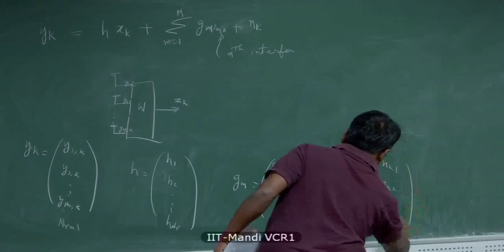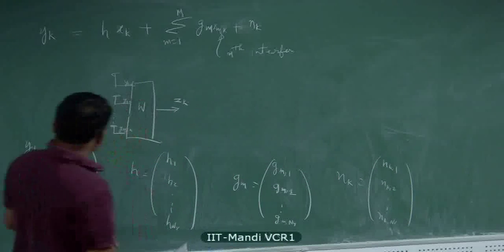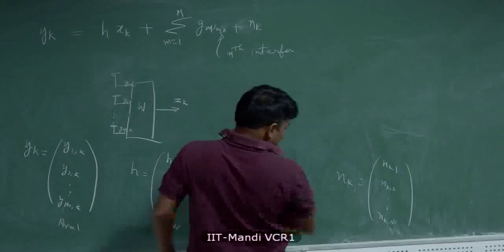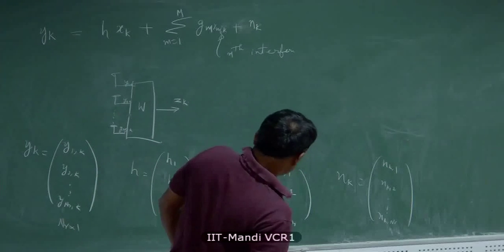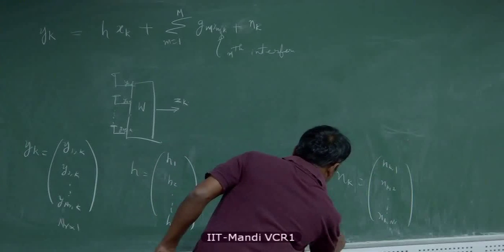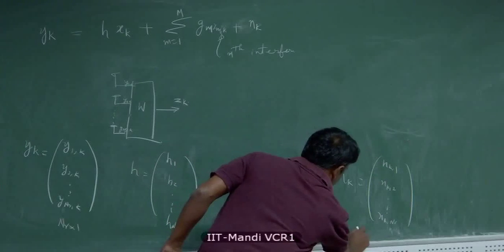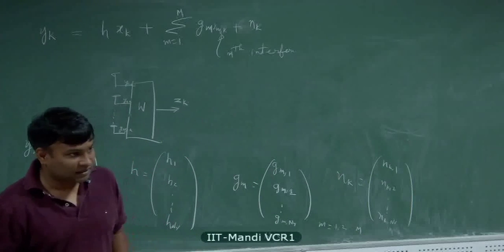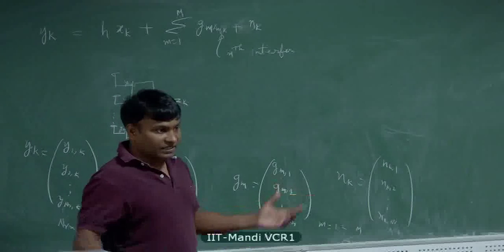Okay, so if you look at any one signal Y1K, let's write it more explicitly. This capital M depends on the number of interferers, M going from 1 up to some number capital M. There are capital M interferers, so the interference depends on the number of interferers.